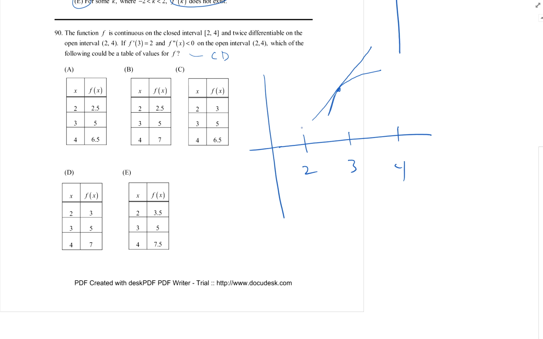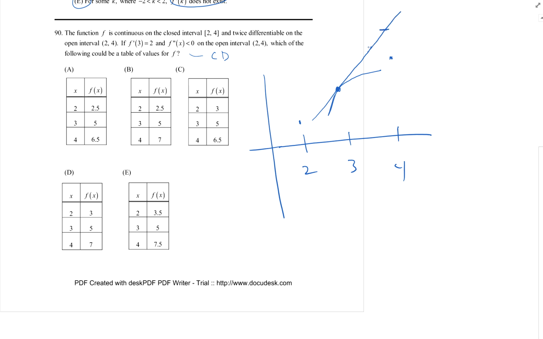So 2, 2.5, 3.5, 6.5, and it's kind of recognizing this. If this has a slope of 2, and this is 1 over, then this has to be 2 up. So here's my tangent line.